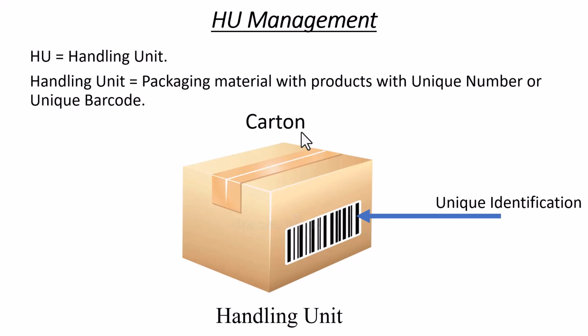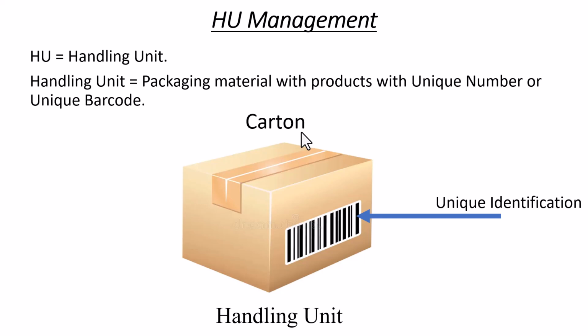Sooner or later, when we get more into the subject and configure handling units, we will come to know what exactly the handling unit is and how it plays the key role. One more important thing is that with this unique number, we can track the handling unit very easily in the warehouse.